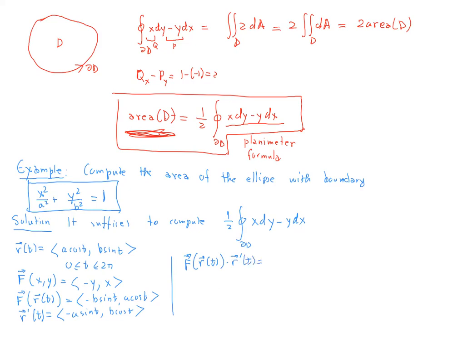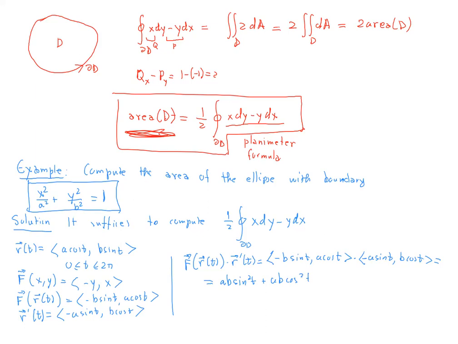which is minus b sine t, a cosine t, dot with minus a sine t, b cosine t, and this is going to be pretty much ab sine squared of t plus ab cosine squared of t.